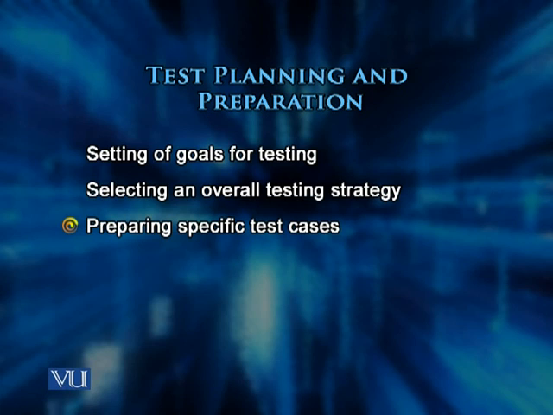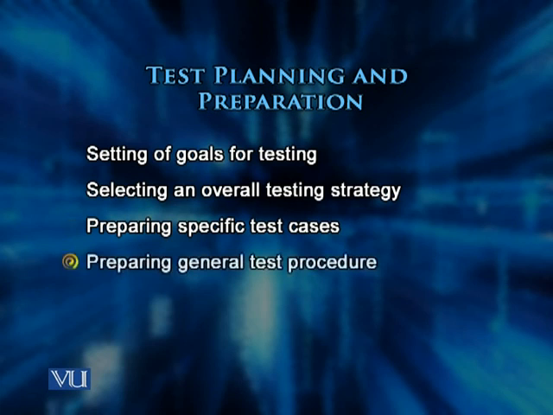This preparation of test cases is included in the preparation activity and only briefly touched upon in the planning activity. And then you have preparation of the general test procedure, the procedure that you are going to follow when the test plan is put for execution or when the actual software testing begins.